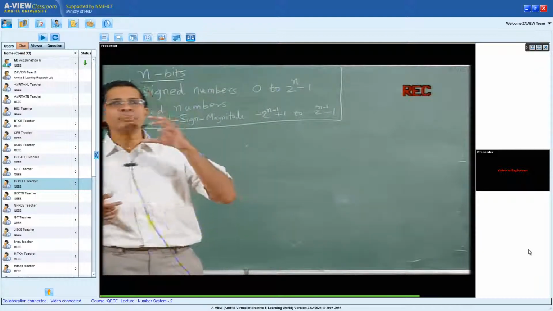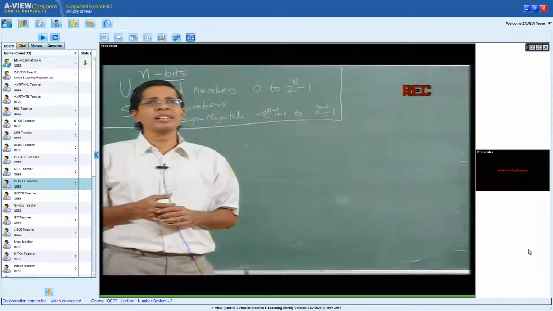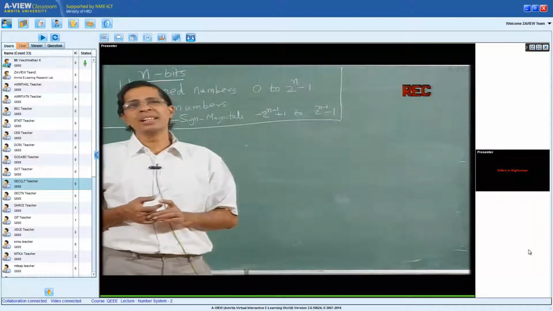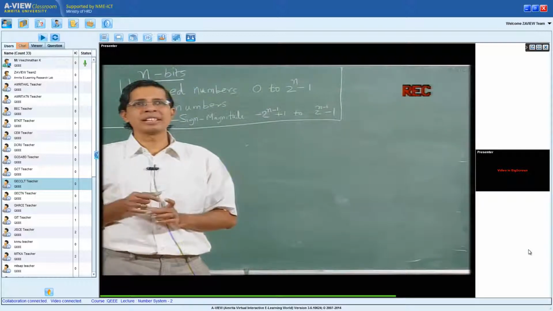So one of the important exercises that we would do in the next 20 minutes is how do we model signed arithmetic, signed addition slash subtraction as unsigned addition.